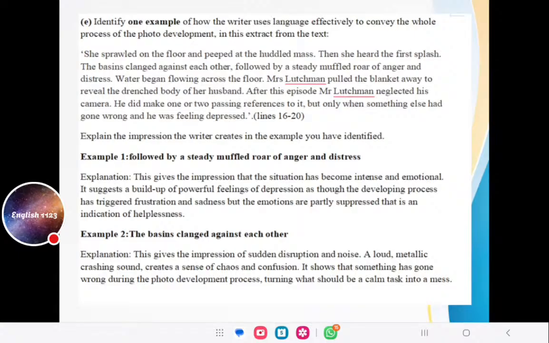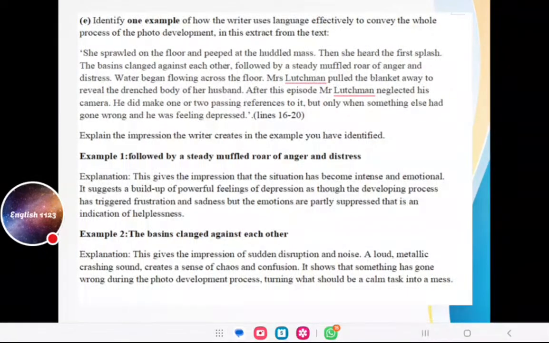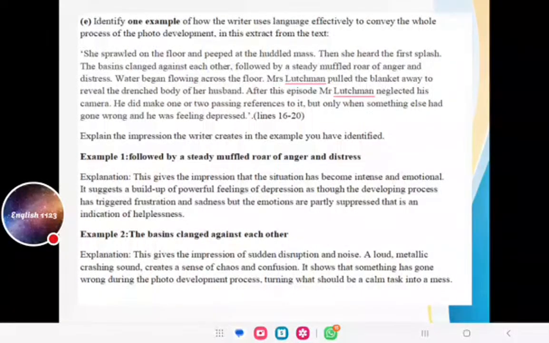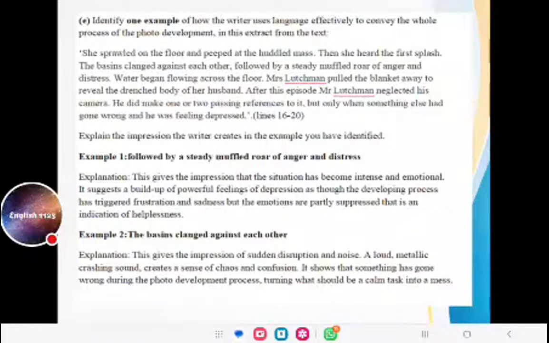When it is distress, it shows that the person in the text is in pain. It suggests a buildup of powerful feelings, triggered by frustration and sadness. But the emotion is partly suppressed, and that is the word muffled.